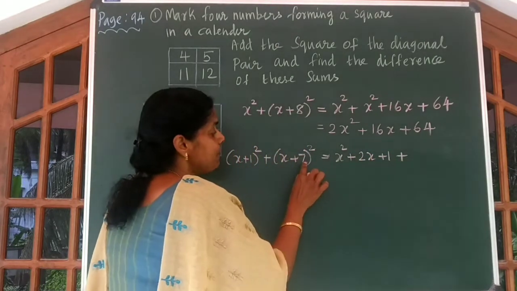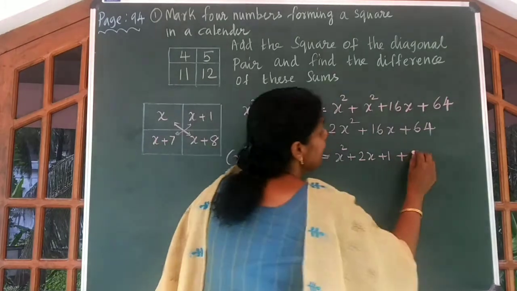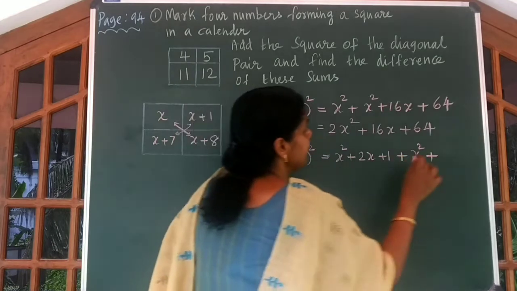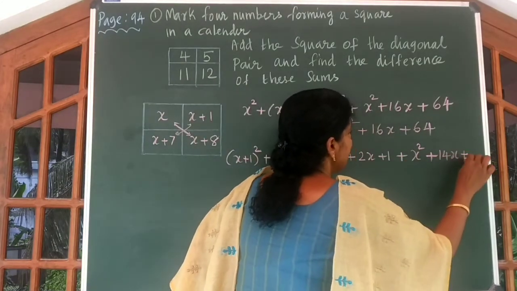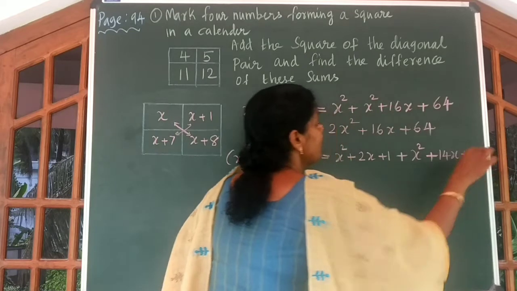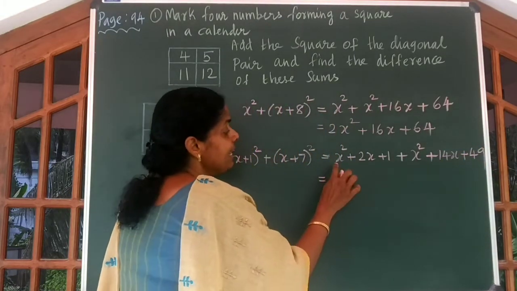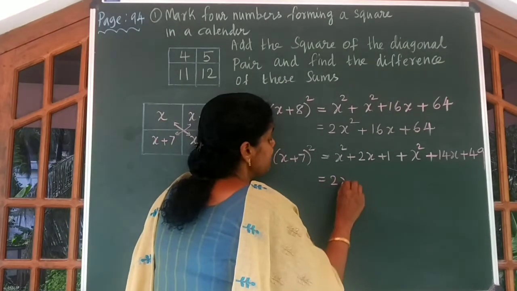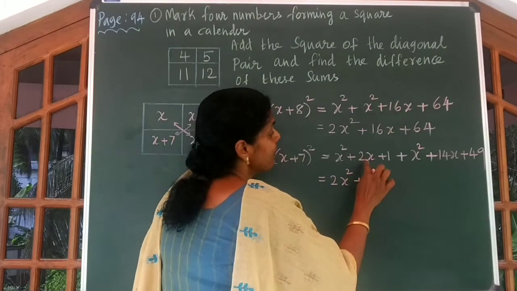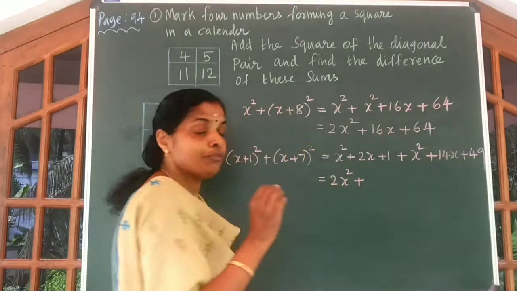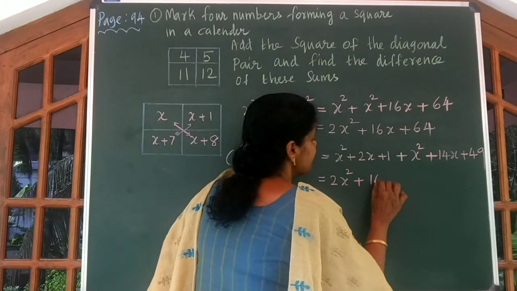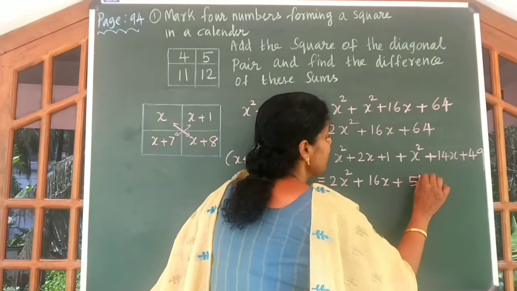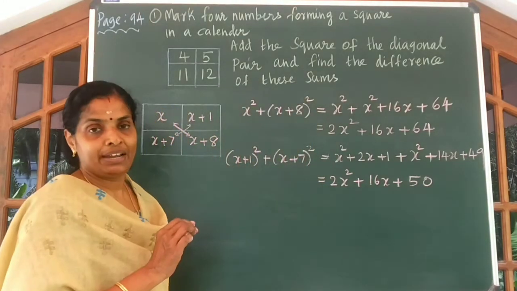X plus 7 the whole square gives you x square plus 2 7s are 14, 14 into x, 14x plus 7 square value 49. Now let us add x square term to x square term. So we get 2 times x square plus 2x added to 14x gives you 16x plus 1 added to 49 gives you 50. Now what we have to find?